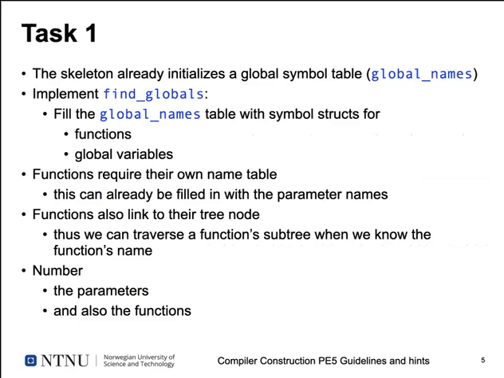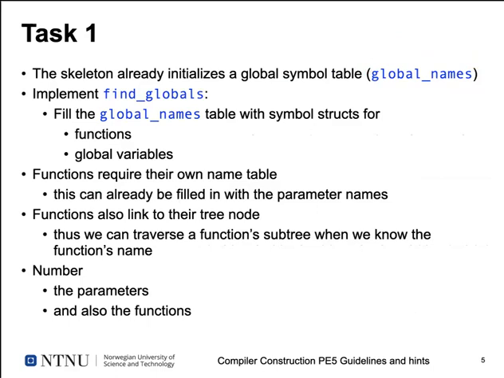In general, you should implement 3 tasks in this practical exercise. We've distributed them a bit differently than on these slides on the exercise sheet, so we split them into smaller parts. But in general, the first task is to work with global variables. Our skeleton already initializes a global symbol table called global_names here.